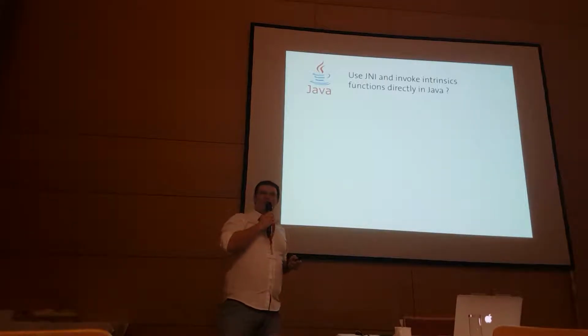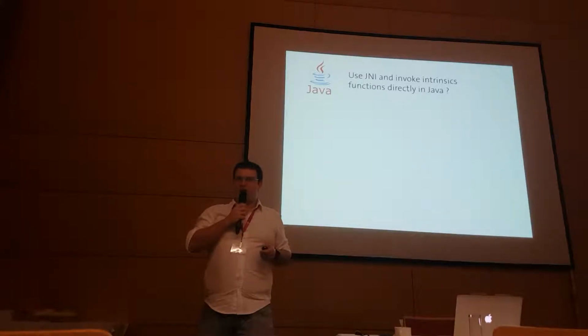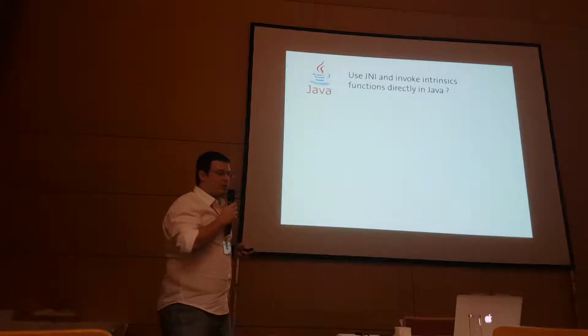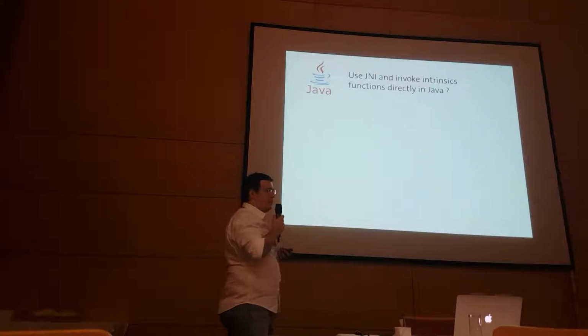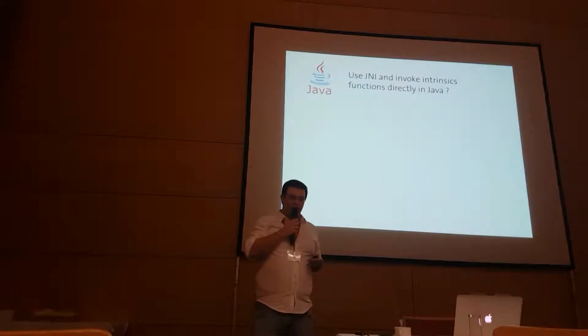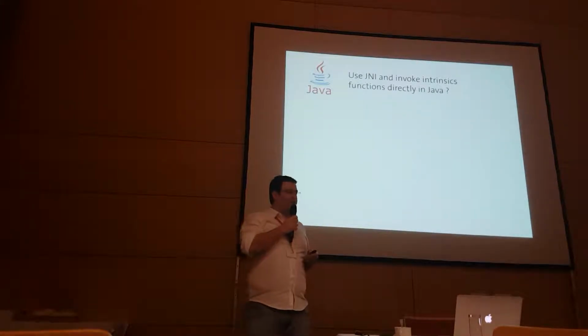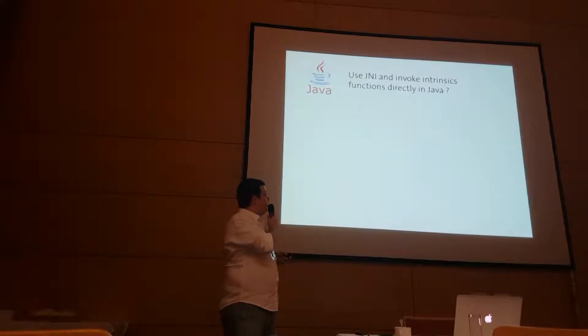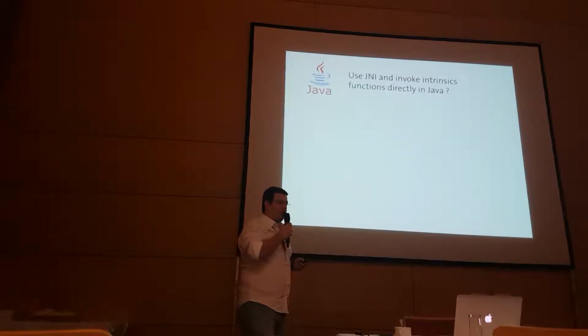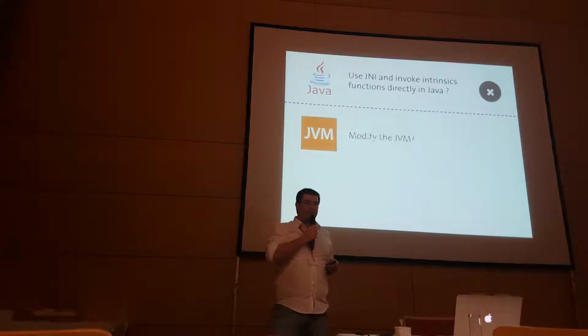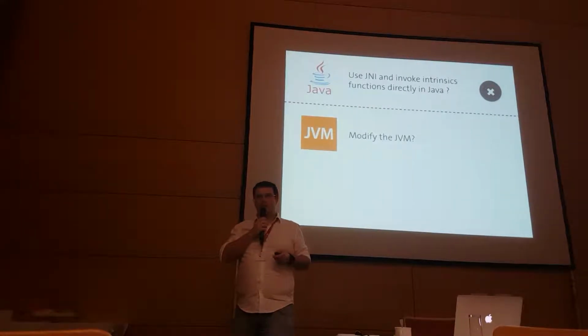Well, no, we don't want to do that, because every time we invoke a JNI call, we have to pay a price, since a JNI call is slightly pricey. So we got rid of that idea. The next idea was, how about we try to modify the JVM?